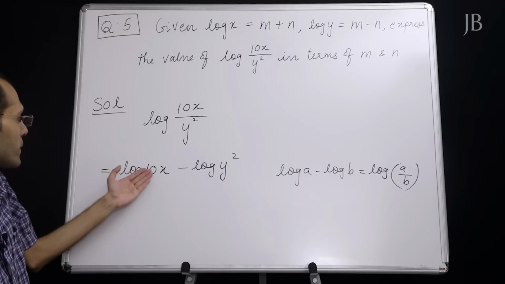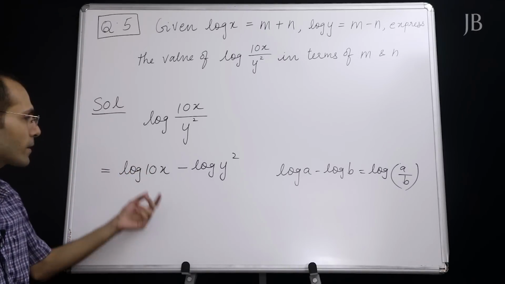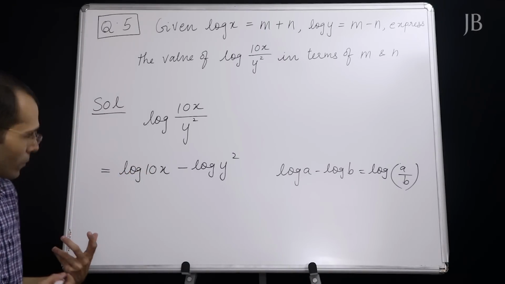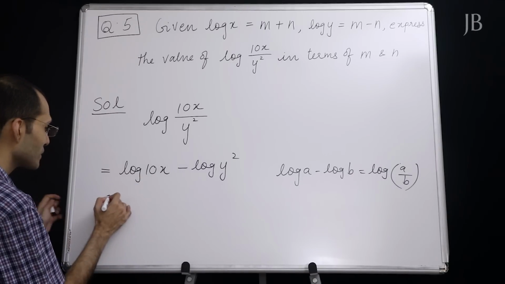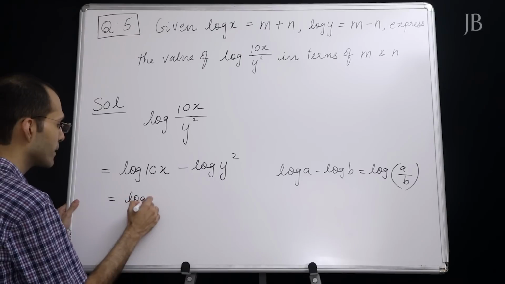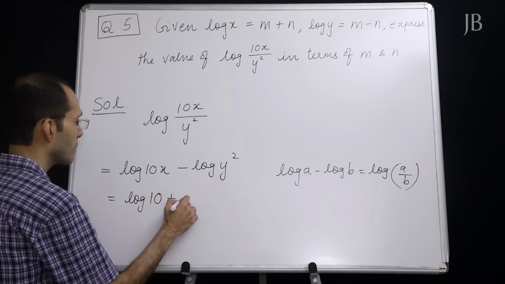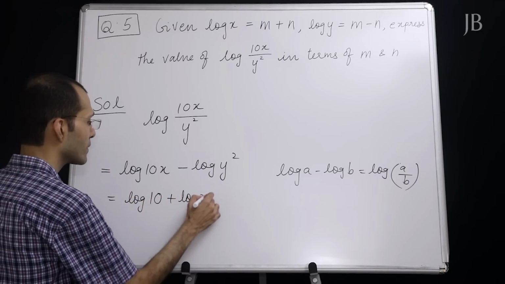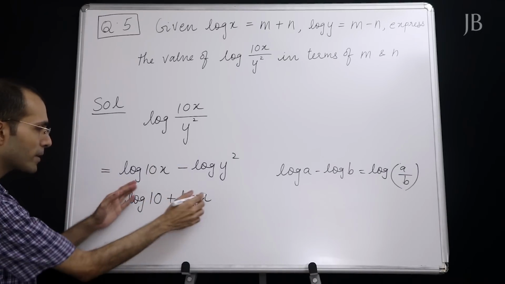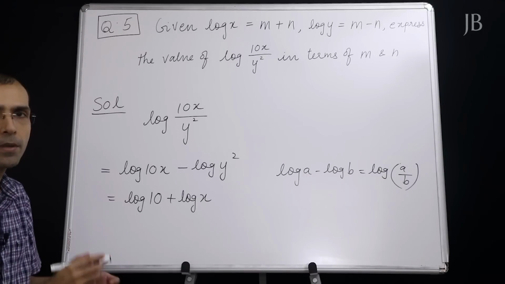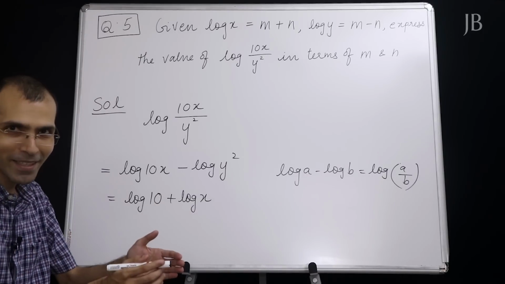But what about this log 10x? What to do with this? Allowed thinking, say 10x means 10 into x. So can't we write this as log 10 plus log x? Log 10 plus log x will be what? Log a plus log b is log of ab.